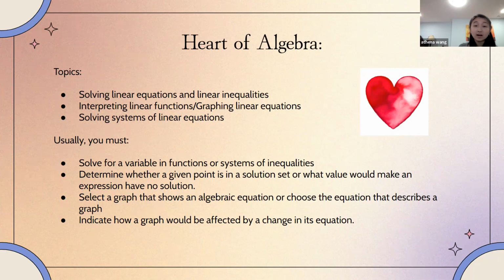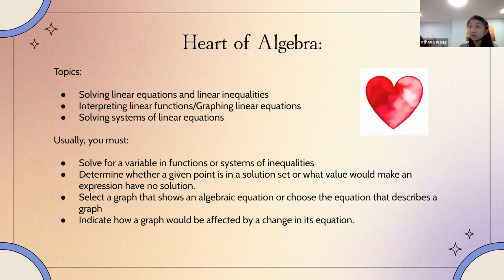And then mostly for the questions, you usually solve for the variable in functions or systems of inequalities. Determine whether a given point is in a solution set that they give you, or what value would make the expression have no solution, or maybe all of the solutions.